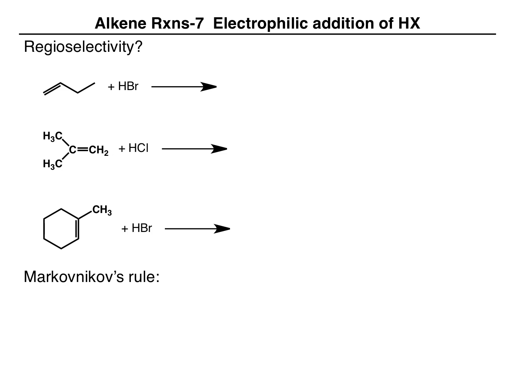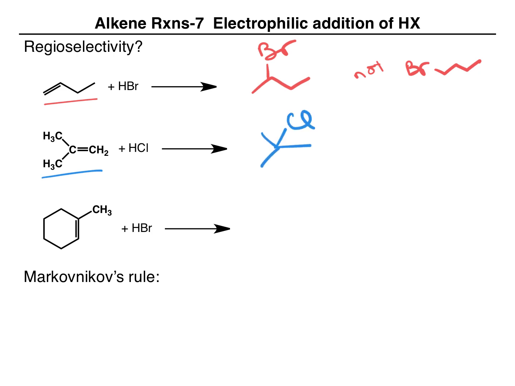So if we react 1-butene with HBr, the product that is obtained is 2-bromobutane, not 1-bromobutane. If we react 2-methylpropene with HCl, the product isolated is 2-methyl-2-chloropropane, not 1-chloro-2-methylpropane.